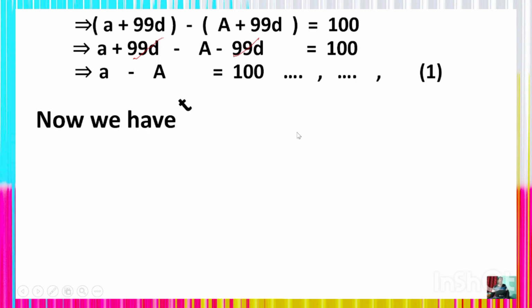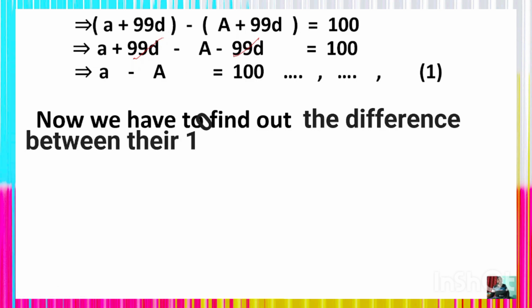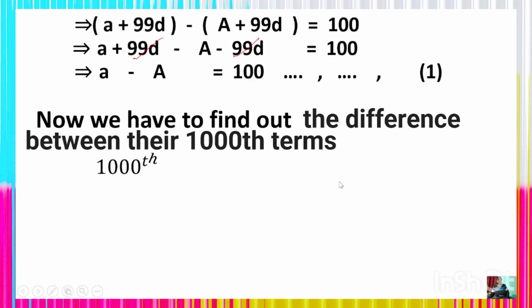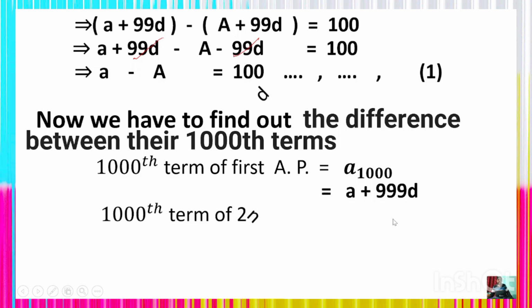Now we have to find the difference between their 1000th terms. Now see the 1000th term of the first AP, which is a1000, which is a plus 999d. The 1000th term of the second AP, which is capital A1000, is capital A plus 999d, right?